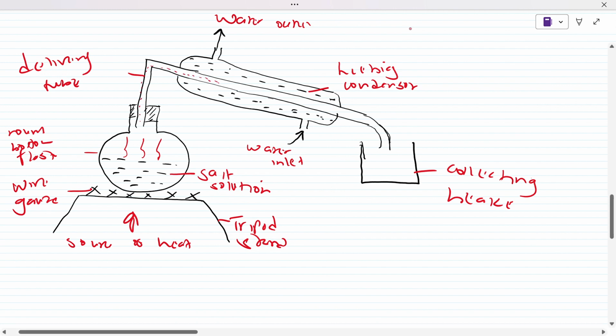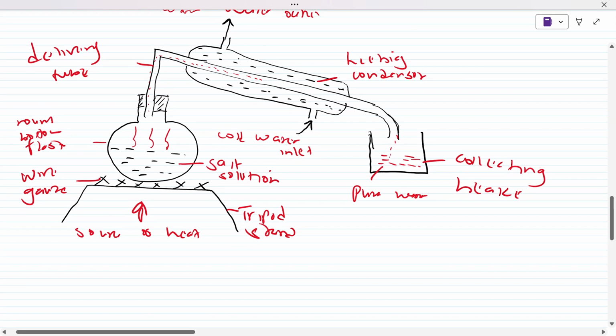Then when they get here, they are still in vapor form. Then this Liebig condenser, having cold water in and warm water out, will cool the vapor down. And now at the end of the day we'll be having pure water condensing down here. So this is how a simple distillation works.